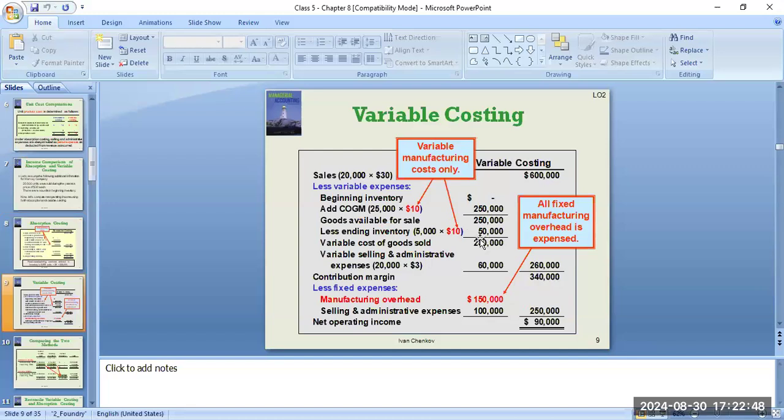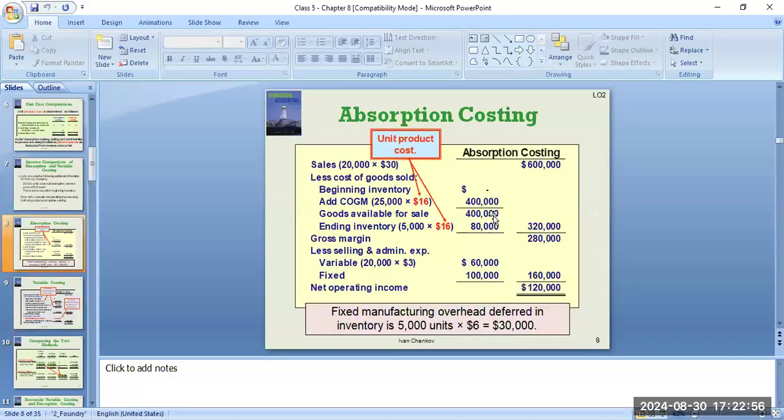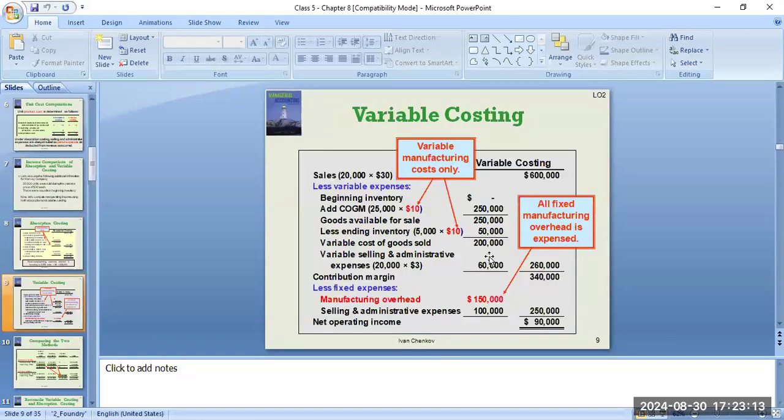Under variable costing, the $30,000 is already expensed as a period cost, whereas under absorption, the $30,000 is held in our inventory. That's why under absorption the ending inventory is higher and the operating income is higher, whereas under variable the ending inventory is lower and the operating income is lower.